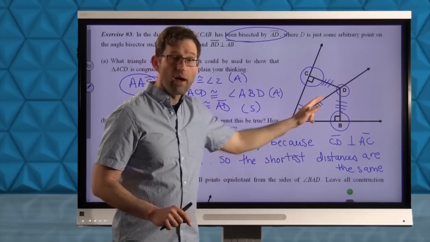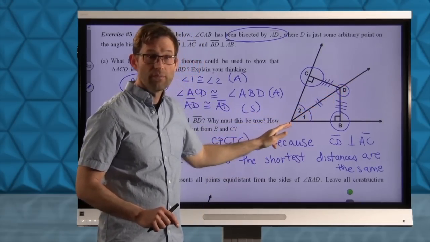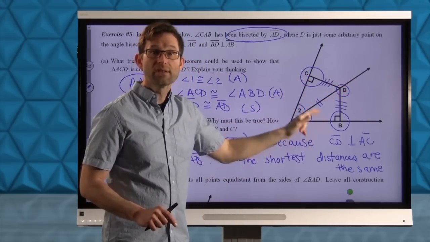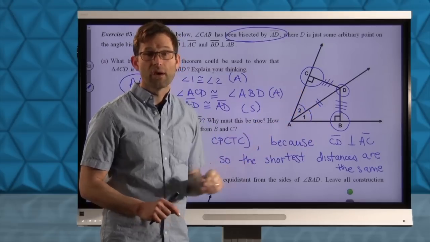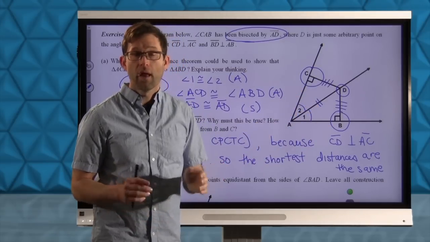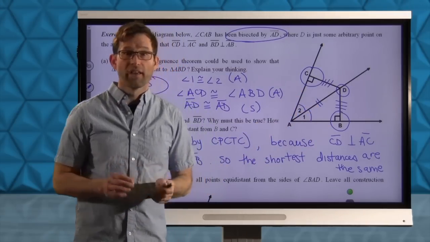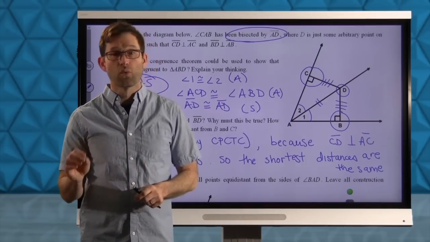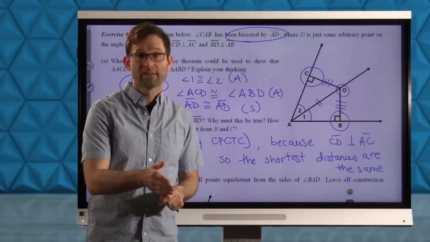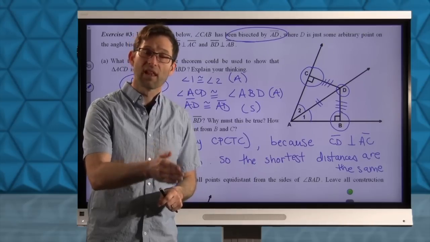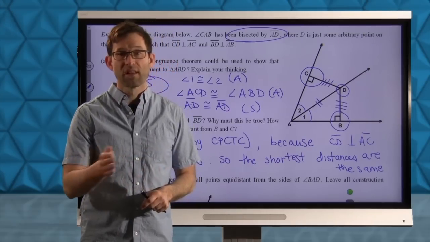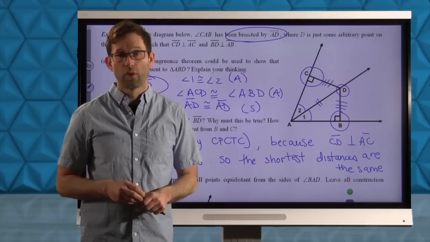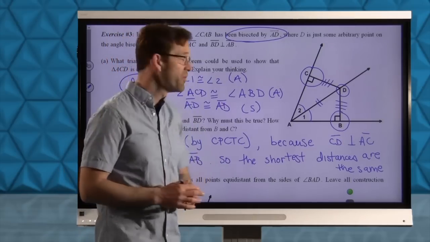I think previously what we saw is that if a point lied equidistant from the two rays, it had to lie on the bisector. Now what we see is if it lies on the bisector, it must lie equidistant from the two rays.